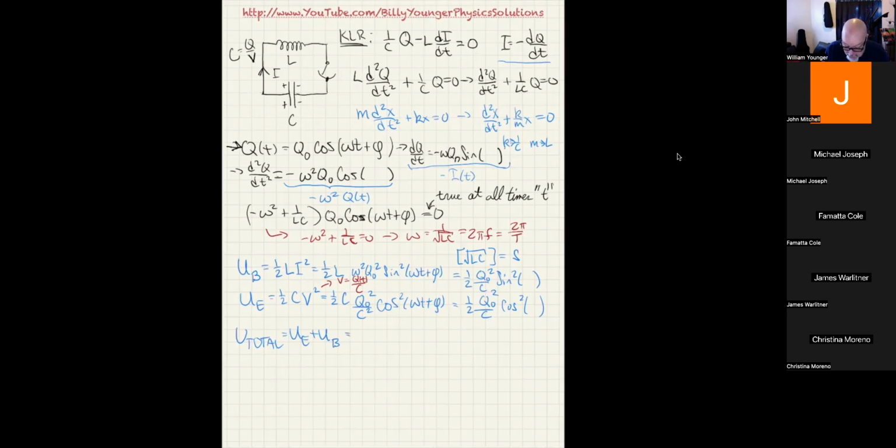But I think you can see immediately what comes from that: we're going to have Q0 squared over 2C times sine squared plus cosine squared, which is obviously equal to 1. So we end up getting that the total energy is just 1/2 Q0 squared over C. That's one thing you can use to calculate the energy of an LC circuit.